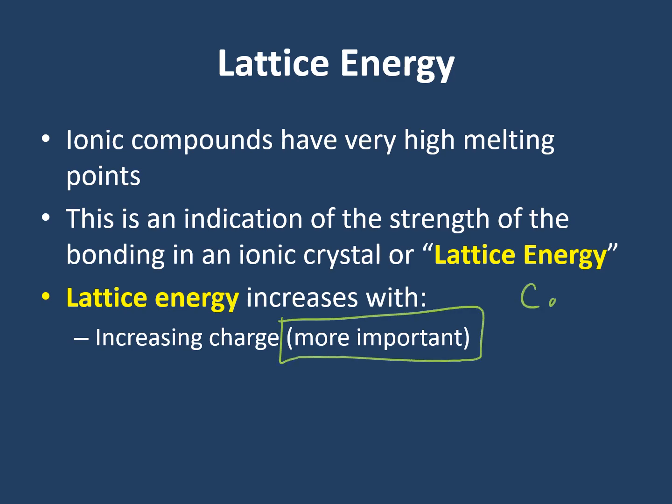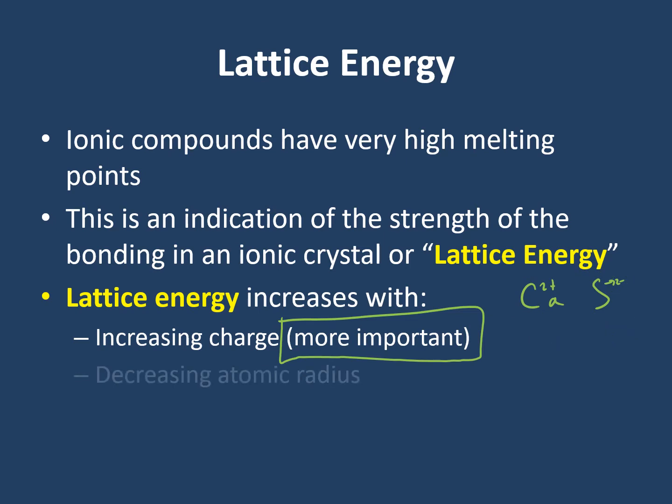So, for instance, if I'm comparing CaS to CaCl2, CaS wins, because this is 2 minus and this is 2 plus, whereas this is 2 plus and each one of these is minus 1. This 2 wins over the minus 1. We don't even have to look at the next part of our trend. Charge is the most important of the two trends.